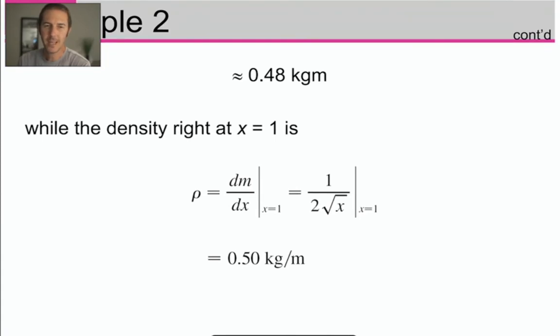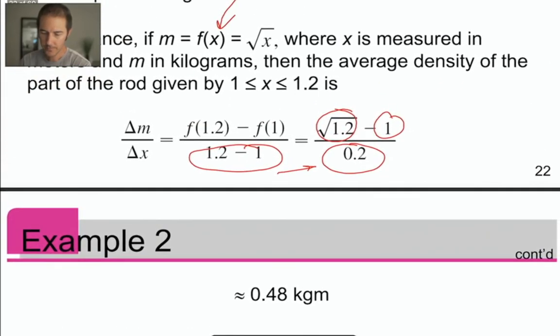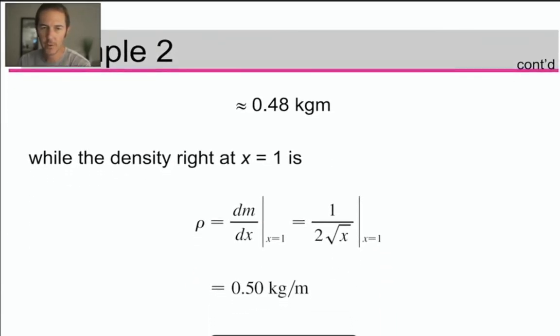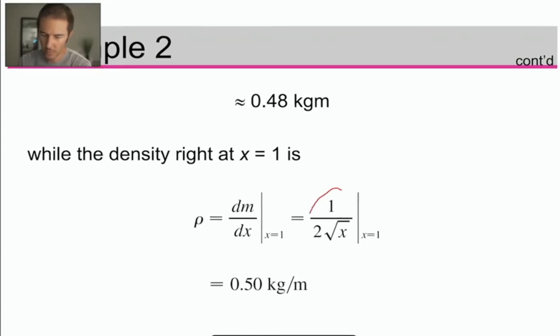Now the density at the specific point where we are 1 meter away from the left end point of the rod, in other words, where x equals 1, can be found by taking the derivative of m equals f of x equals the square root of x. So we take the square root of x, or x to the 1/2 power, take the derivative, and we get 1 over 2 times the square root of x.